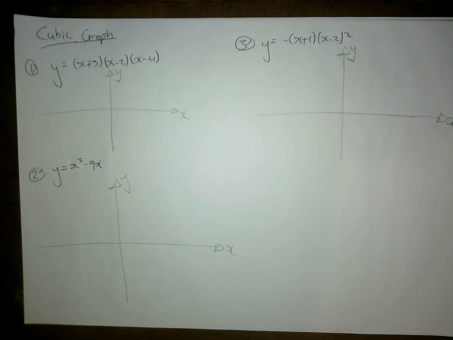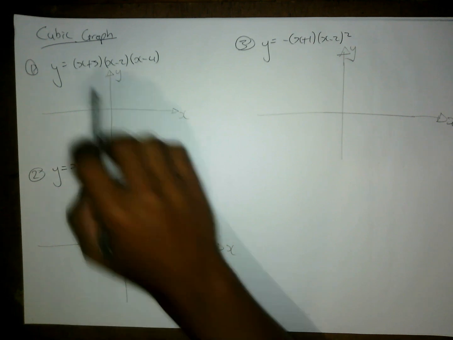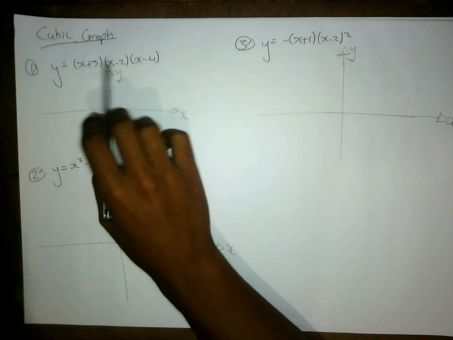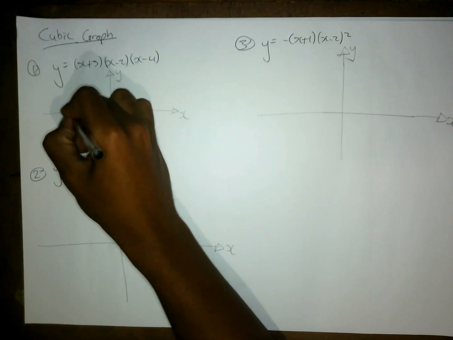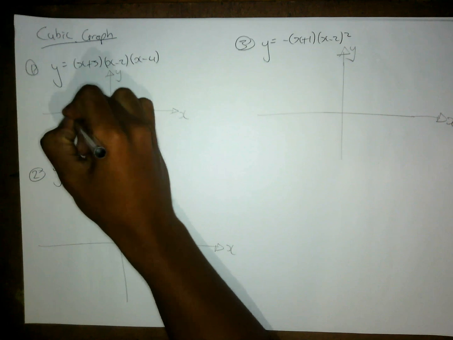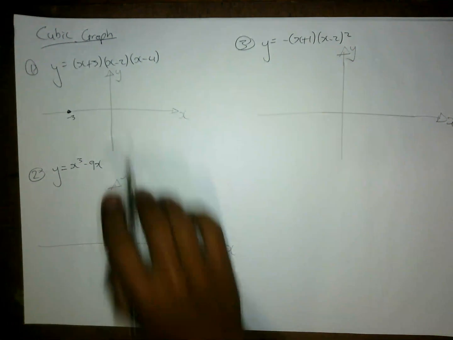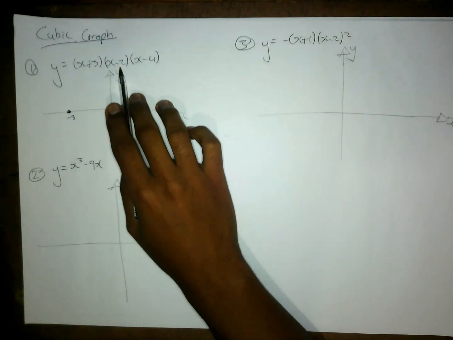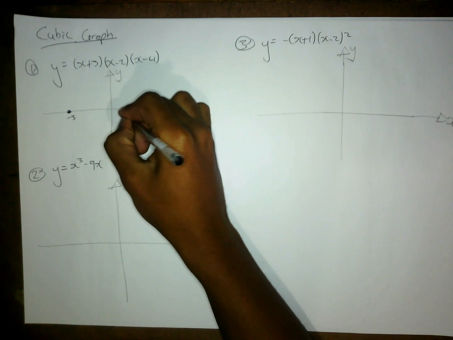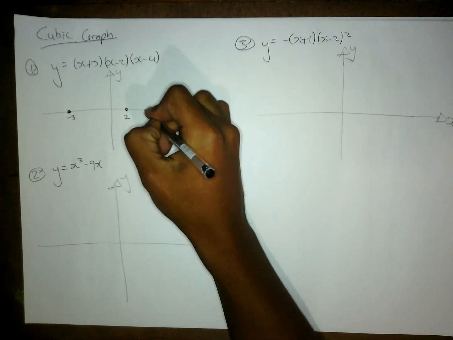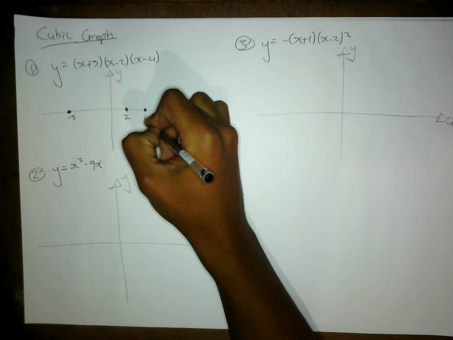When you look at that work, you must also see this now. We know that x plus 3, take it over, x equals negative 3. Né? We know this. So we plot our negative 3. x minus 2 equals 0, so x equals positive 2. So it's going to be a positive 2 over there. x minus 4 equals 0, so it's a positive 4.